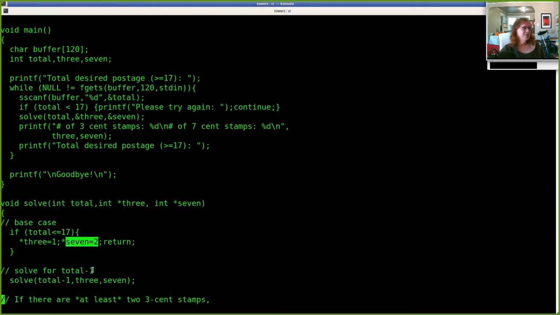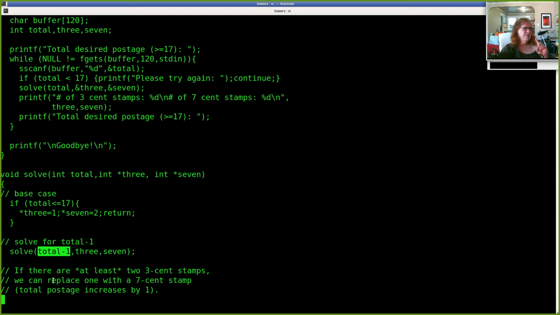Otherwise, a pair of possibilities. So first, we're trying to solve this for a postage of total. We're going to assume that we can solve it for n minus 1, right? We're going to solve it for total minus 1. So we're going to solve that, and we're going to find out how many 3-cent and 7-cent stamps give us 1 penny less than what we want.